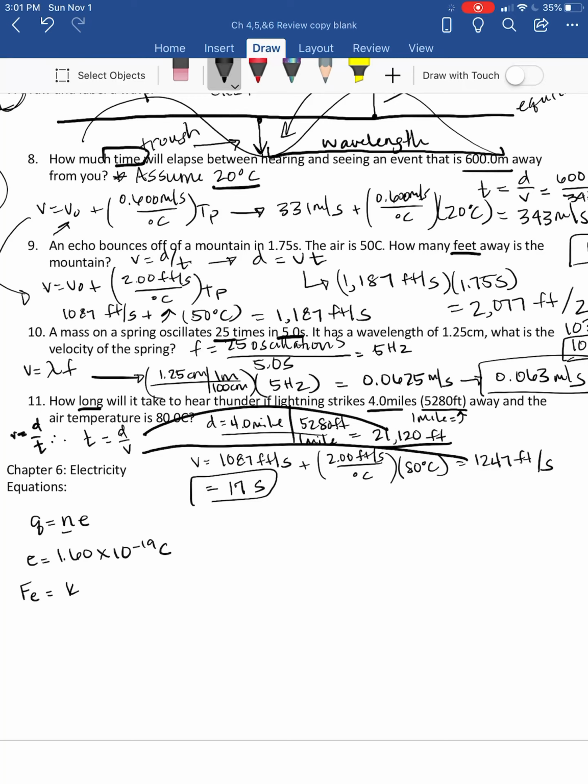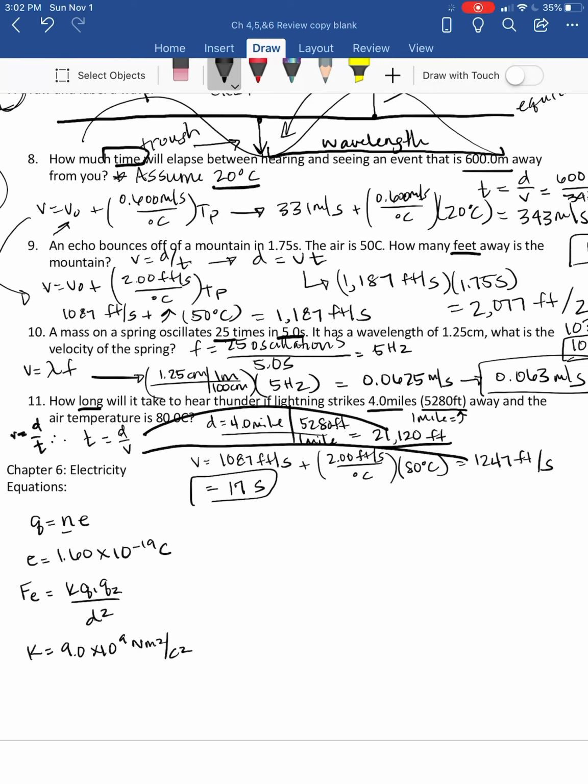So you had this Coulomb's constant, which is K times Q1, Q2 over R squared. Or sorry, in your book it's distance squared. And so K was 9 times 10 to the 9th Newton meter squared per Coulomb squared.